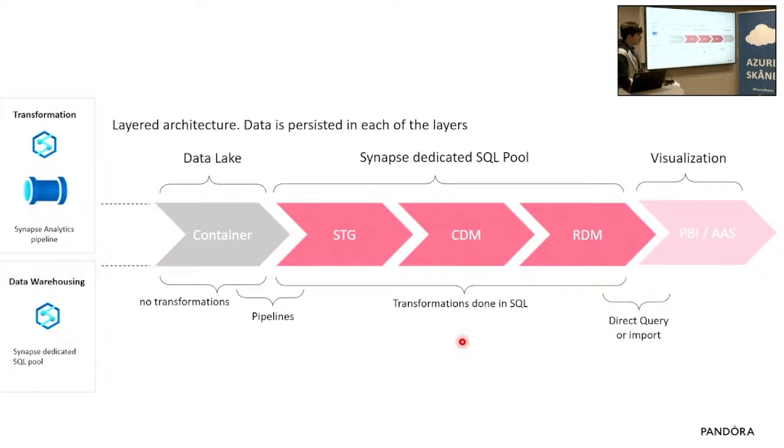So there is a one-to-one copy from the storage account to Synapse into a staging area, and it is done through pipelines. Then there are some transformations along the way, because in Synapse we have a staging area and a data warehousing area, report data monitoring, something like that.